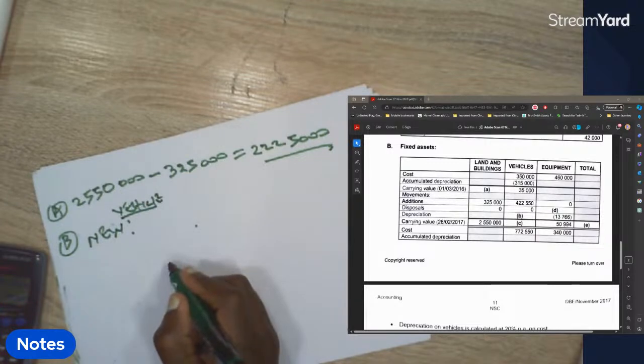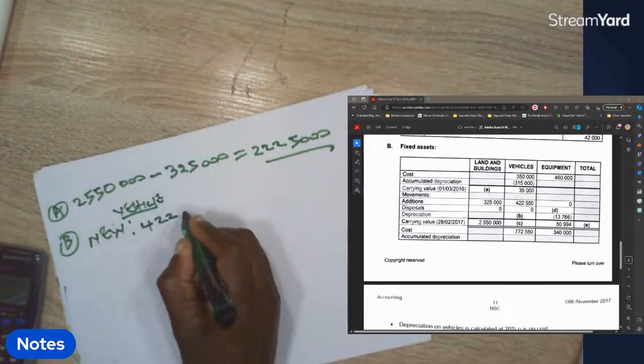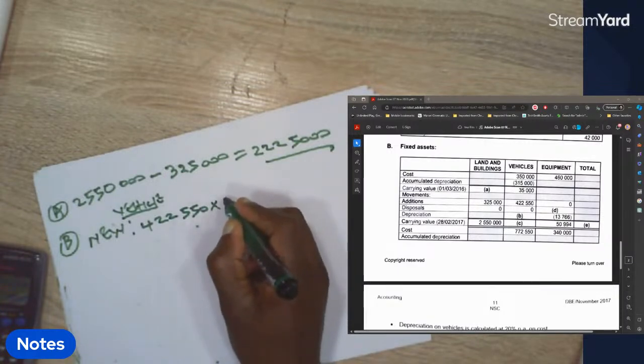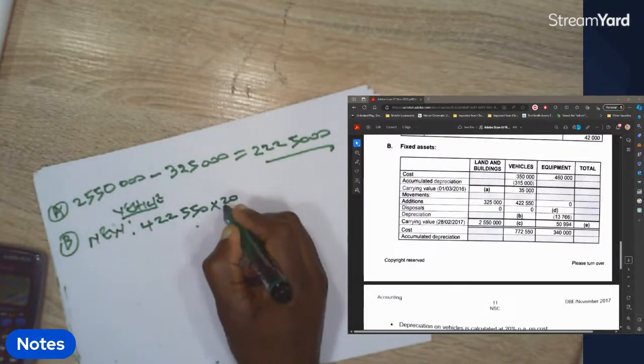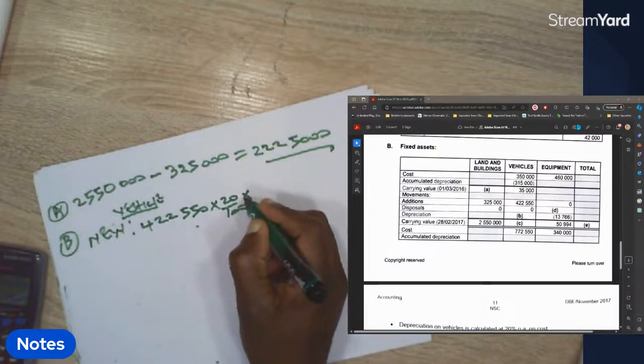What is the cost price of the new vehicle? You check during the year under additions. The cost price of the new vehicle is 422,550, times the rate, that is 20% divided by 100, times the time of the new one.